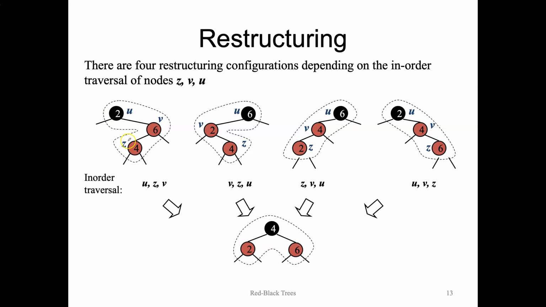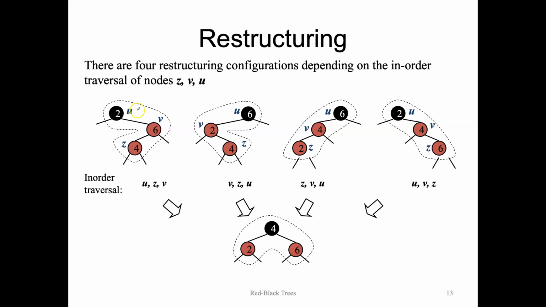Again, these are those cases where we created a double red in our tree, but the sibling of that double red is black here. Right? So it could be that this double red is a right child or left child, and that the new node we added is a left child or right child.